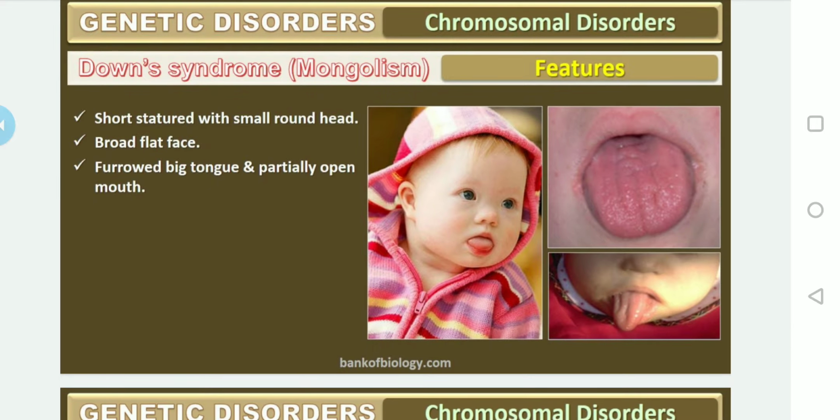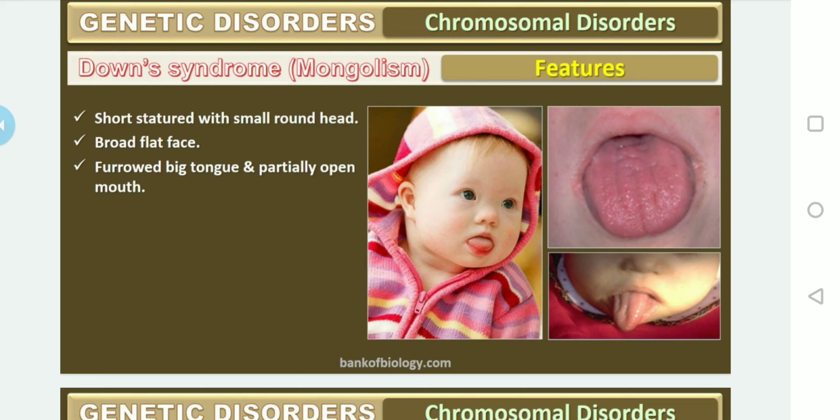How can we say that these children are suffering from Down syndrome? Based on the characters or the symptoms, we can identify that certain children are suffering from this disorder. They have a short stature with a small round head, broad flat face, furrowed big tongue and partially open mouth.